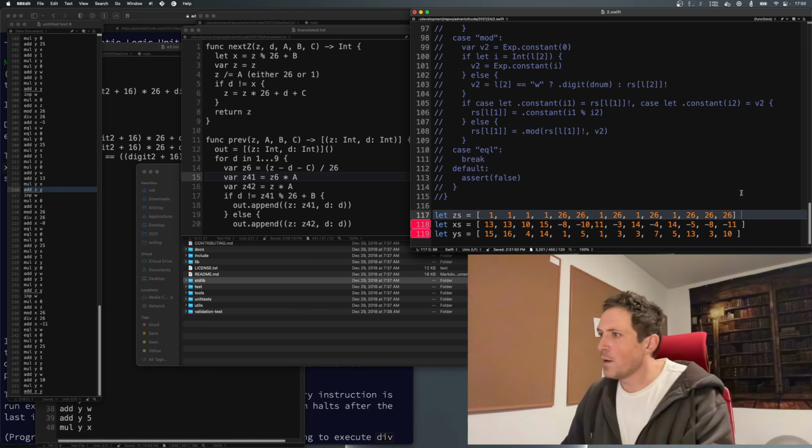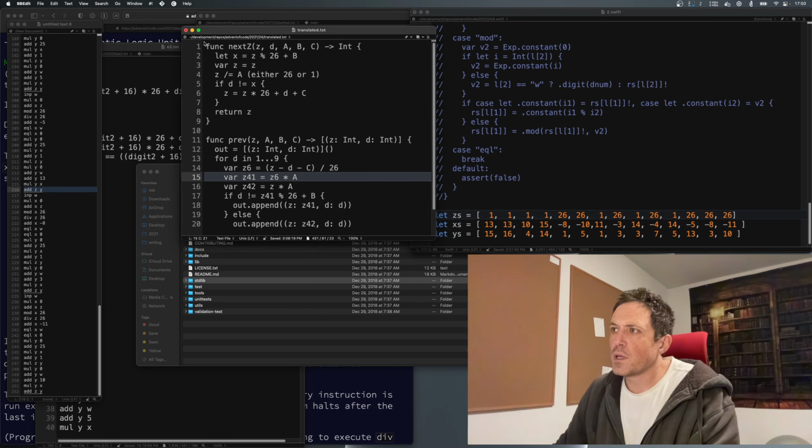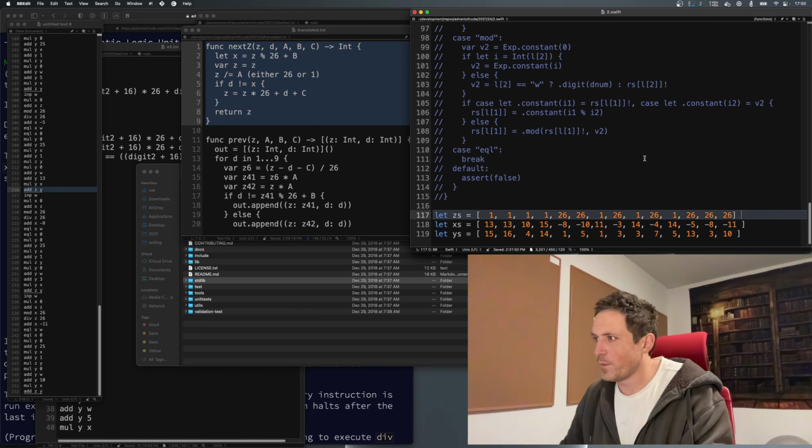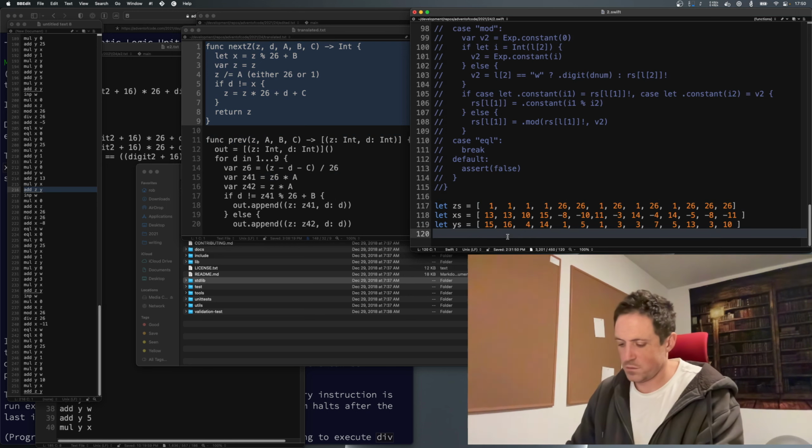Okay, so let's implement this function here, right?